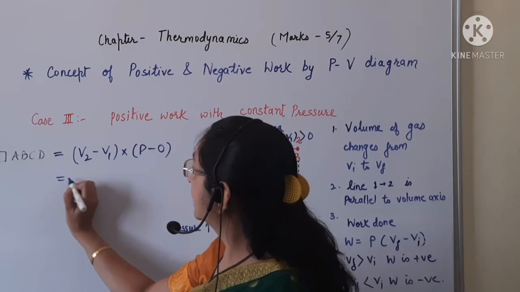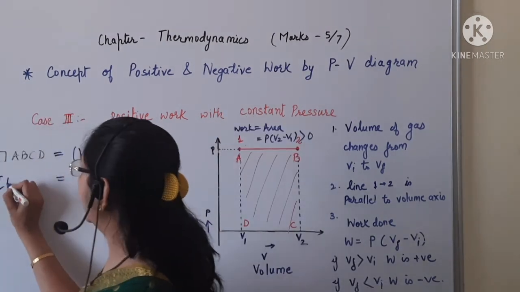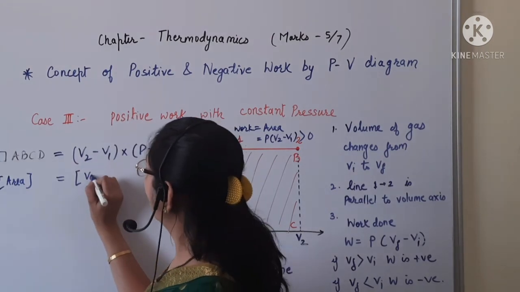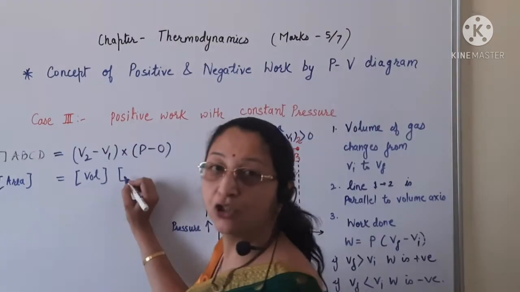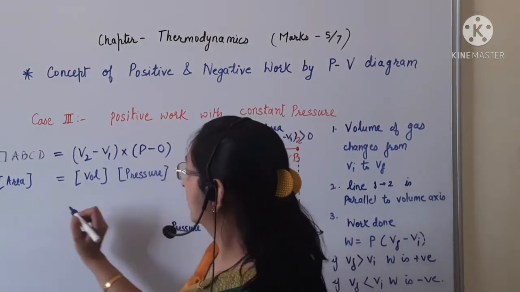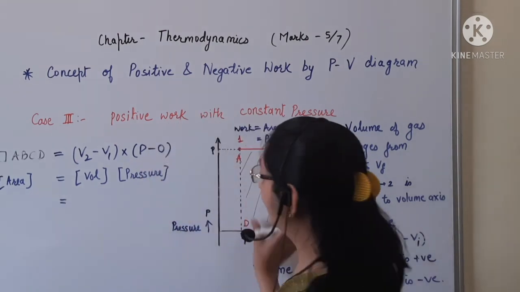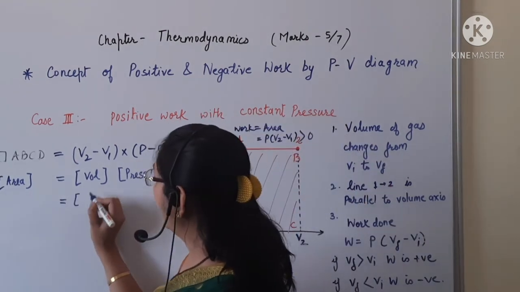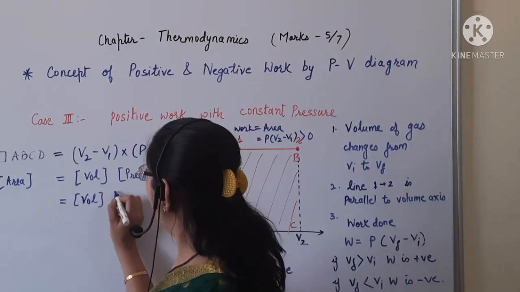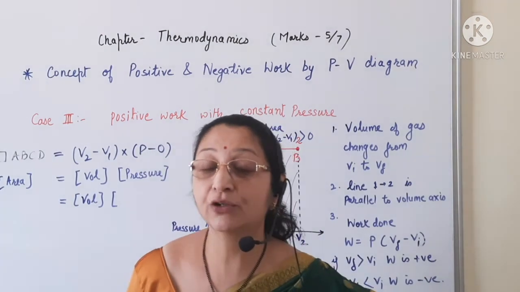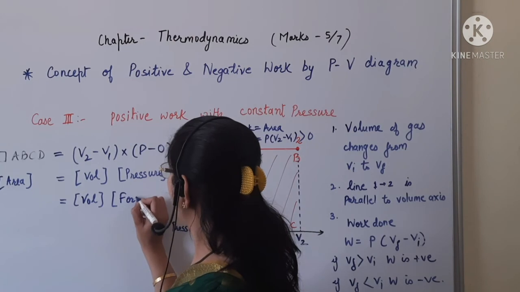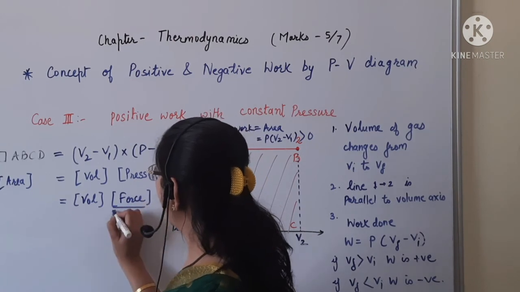So the dimension of area is the dimension of volume times the dimension of pressure. Now we know pressure is force upon area, so the dimension of pressure is the dimension of force upon area.